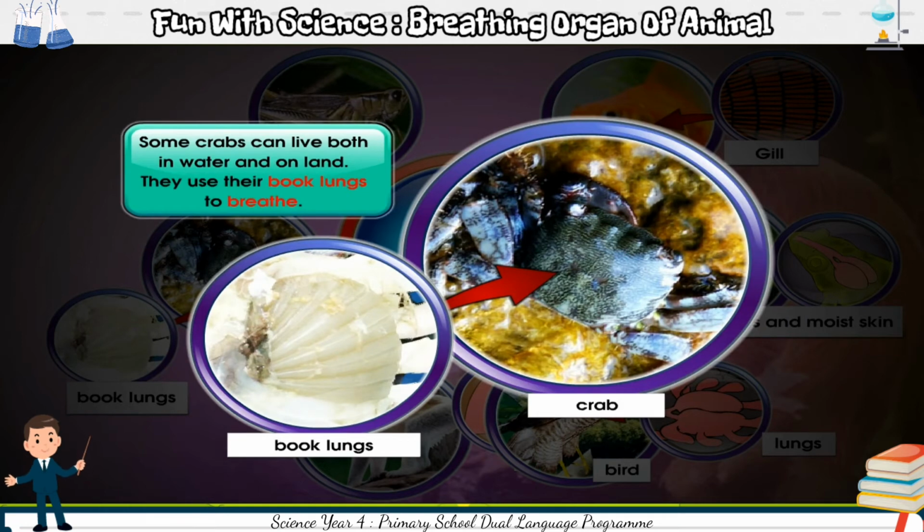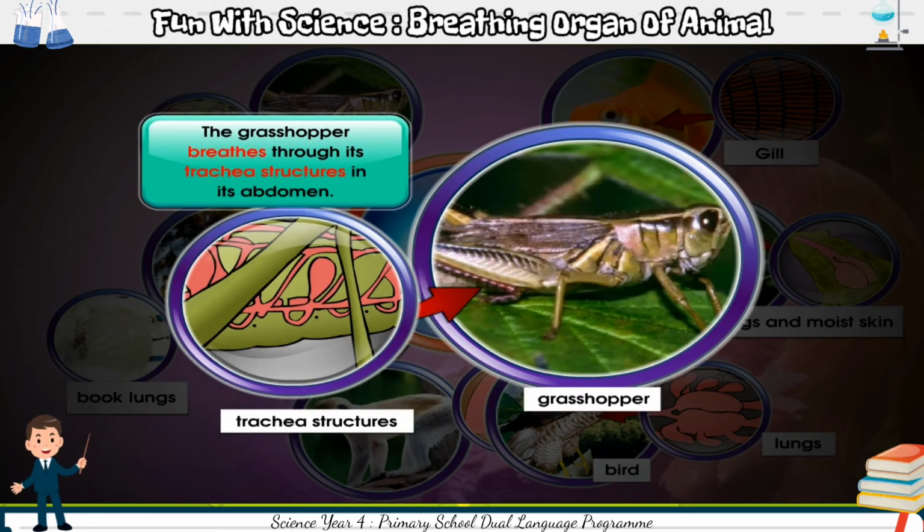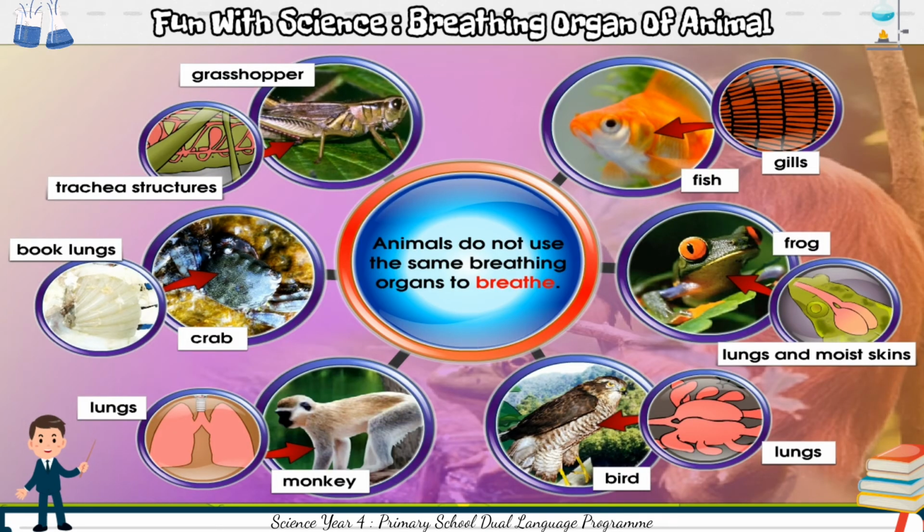Some crabs can live both in water and on land. They use their book lungs to breathe. The grasshopper breathes through its trachea structures in its abdomen. Animals do not use the same breathing organs to breathe.